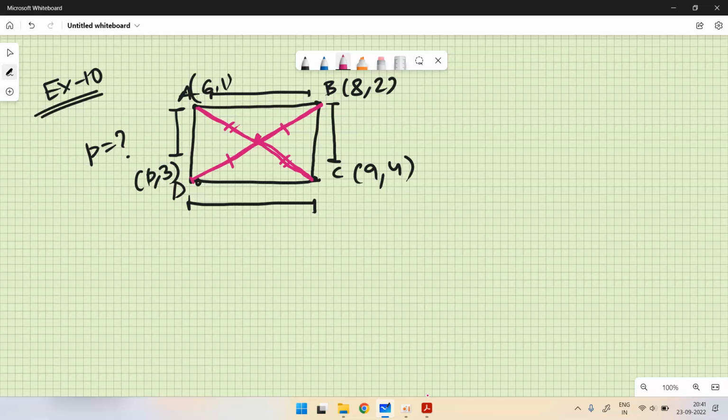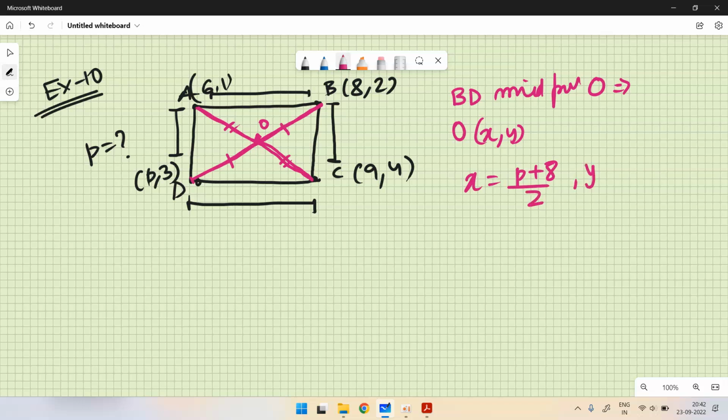So the midpoint of BD, O, let us assume x comma y is the coordinate of O. So x equals p plus 8 by 2 and y equals 3 plus 2 by 2.